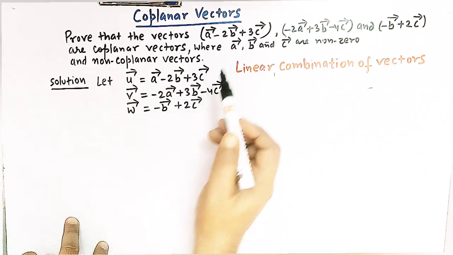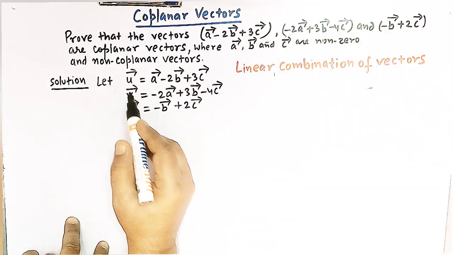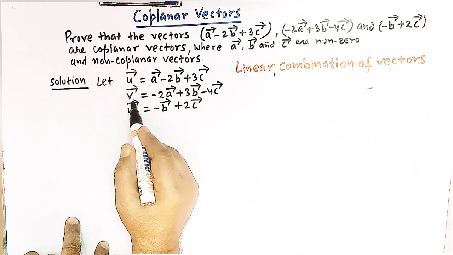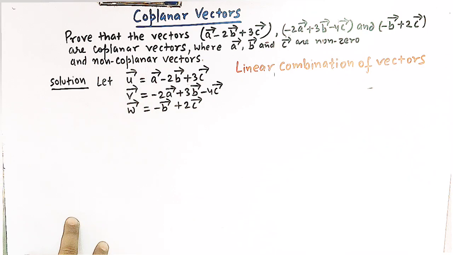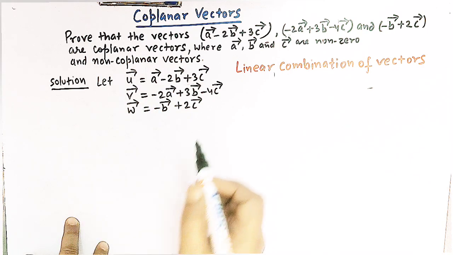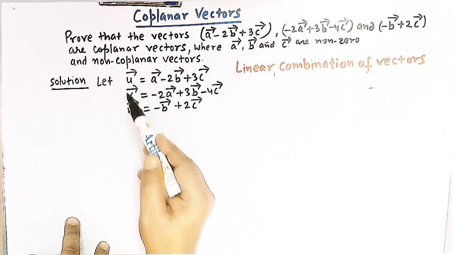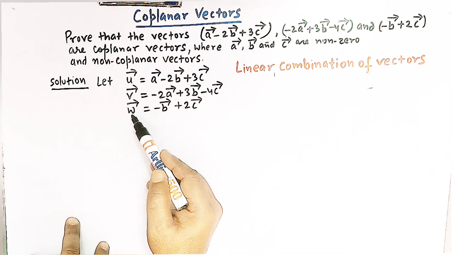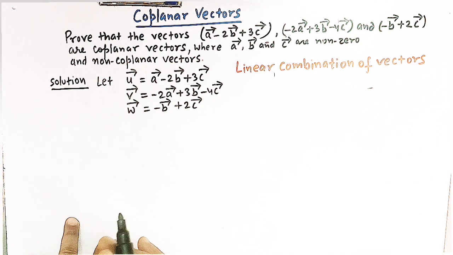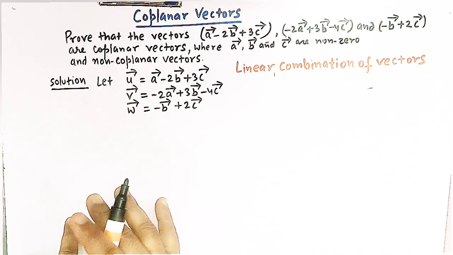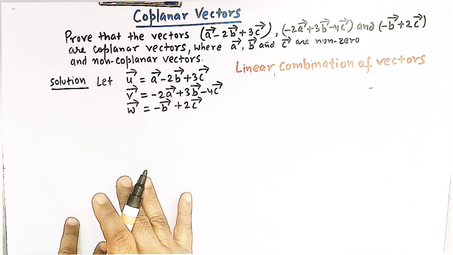Now let us denote these three vectors by vector u, vector v, and vector w. Here we have to show that u, v, and w are coplanar vectors, that is vectors lying on the same plane.